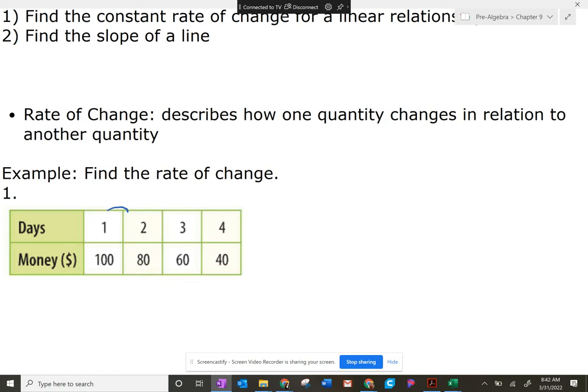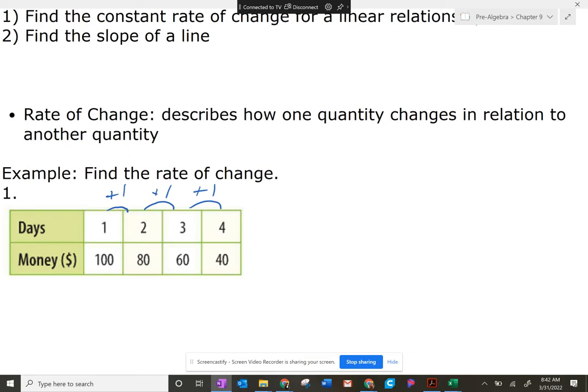It's going up by 1 day. So this one's going up by 1. And then between this one and this one, up by 1 day. This one and this one, up by 1 day. Okay? So that top one, it's changing by 1 every single time.